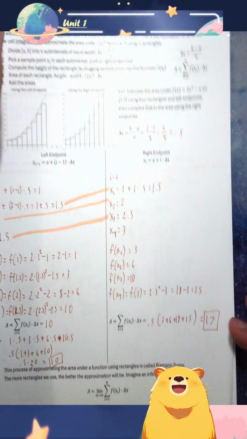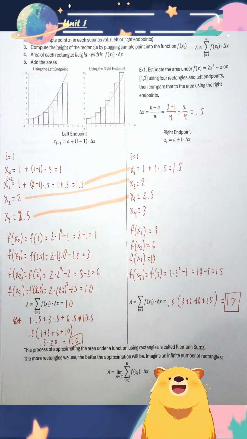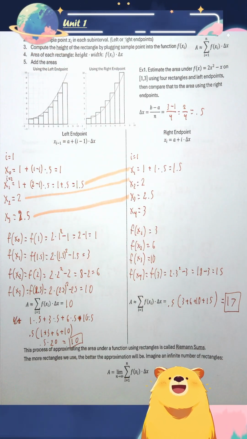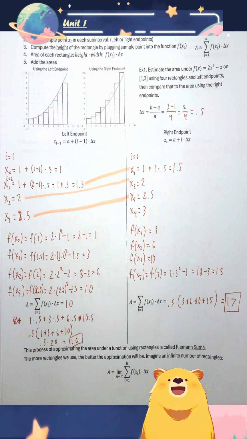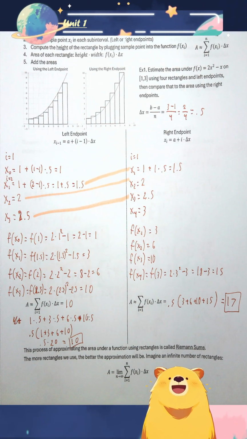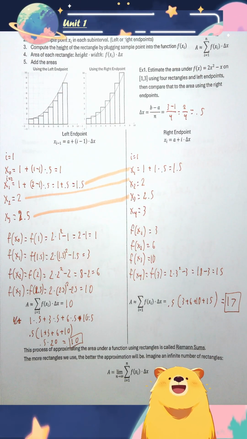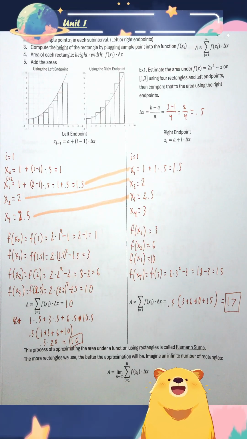All right, so that's going to wrap up Unit 1. This was sort of a review because nowadays most Cal 1 classes do cover integration. I'll be honest, when I took Cal 1, it was just derivatives. We only did derivatives. And then when I did Cal 2, we jumped into integrals.